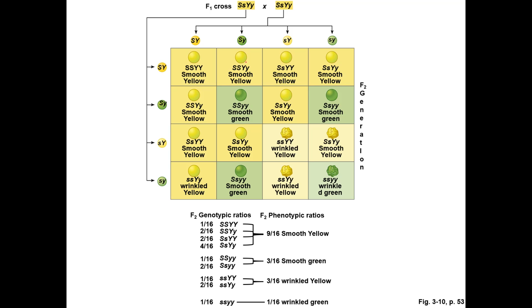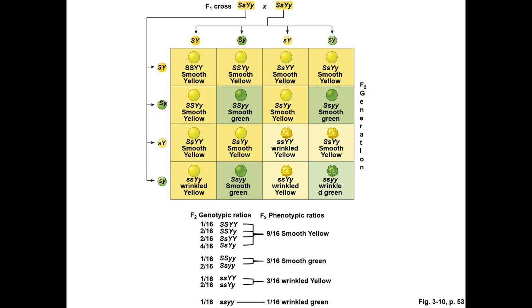Here you get big S, little s, and then you get little y and big Y. So you get smooth yellow again. And then here you get big S, little s, and you get little y. So again, smooth, green. Same phenotype between these two, but genotypes are different if you notice. One's homozygous here for the smooth trait, and this one's heterozygous for the smooth trait, and so on and so forth.